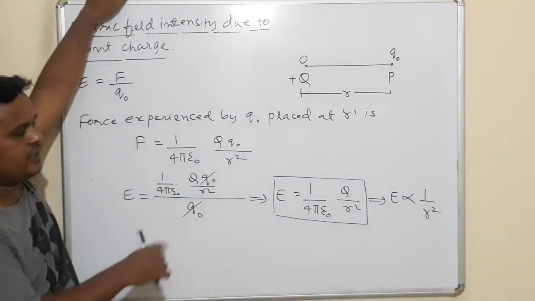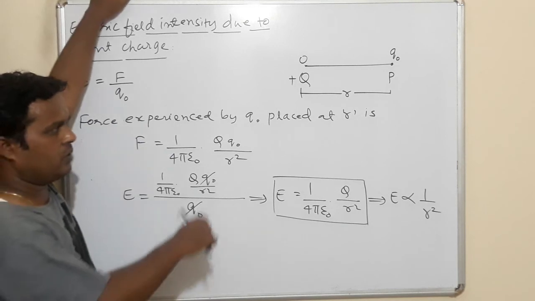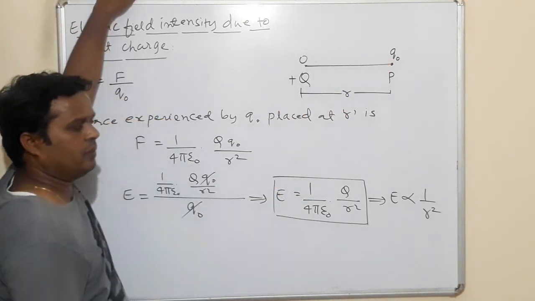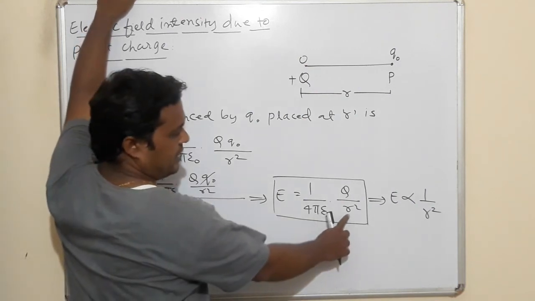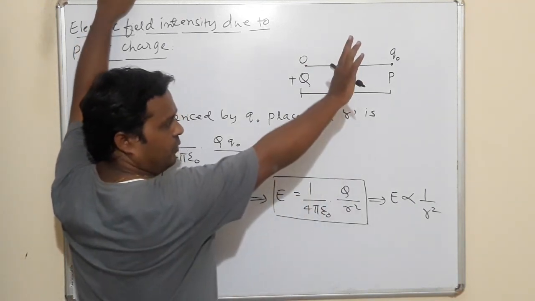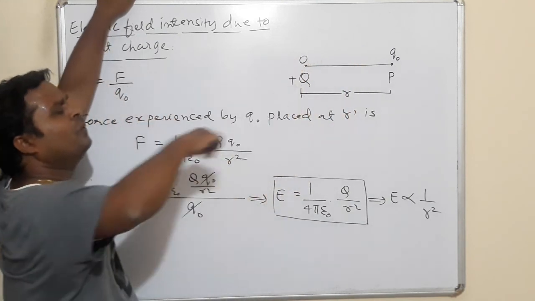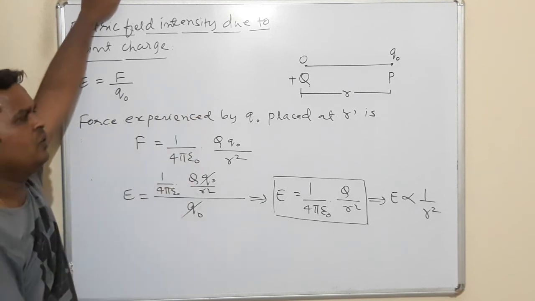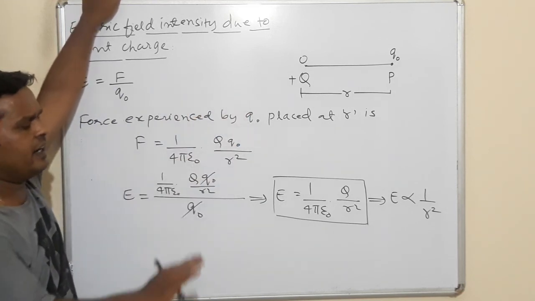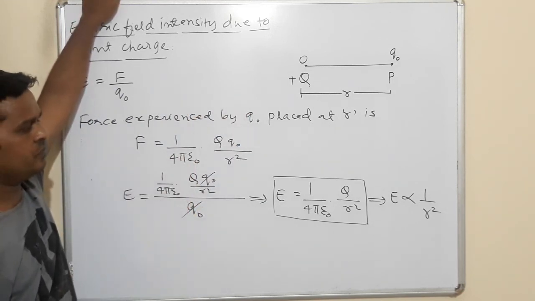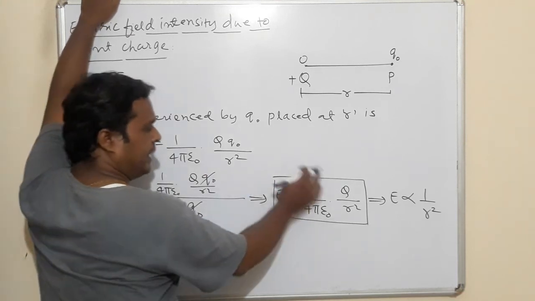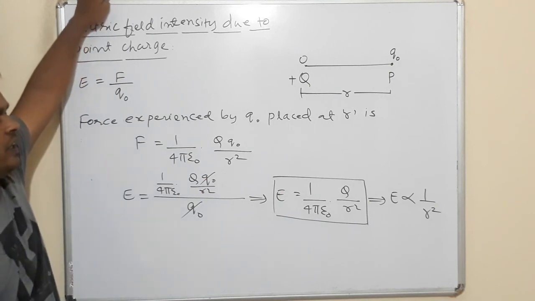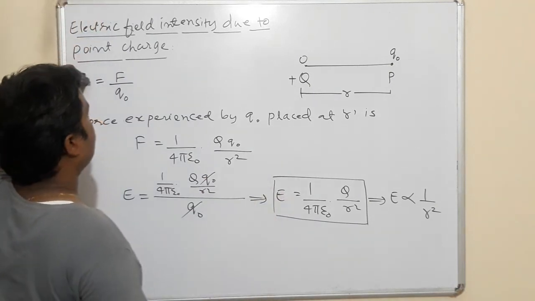That means as distance increases, electric field decreases. Theoretically, if we put r equal to infinity, the electric field will become 0. That distance I can consider as very far away from the charge, or I can say it is infinity. This equation gives the magnitude of electric field strength due to a point charge.